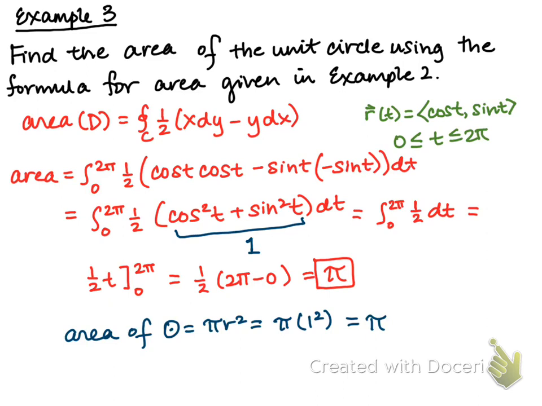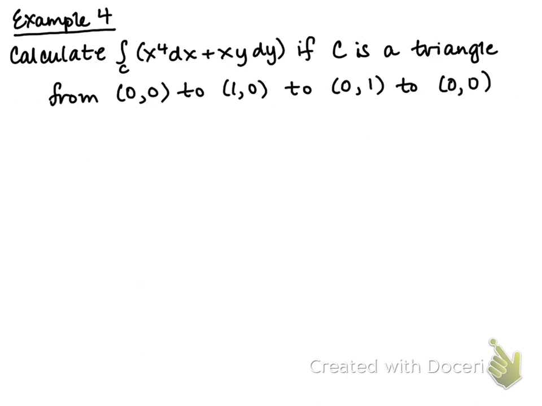Okay, next example. Calculate the line integral over C of x to the 4th dx plus xy dy if C is a triangle from 0, 0 to 1, 0 to 0, 1 to 0, 0.